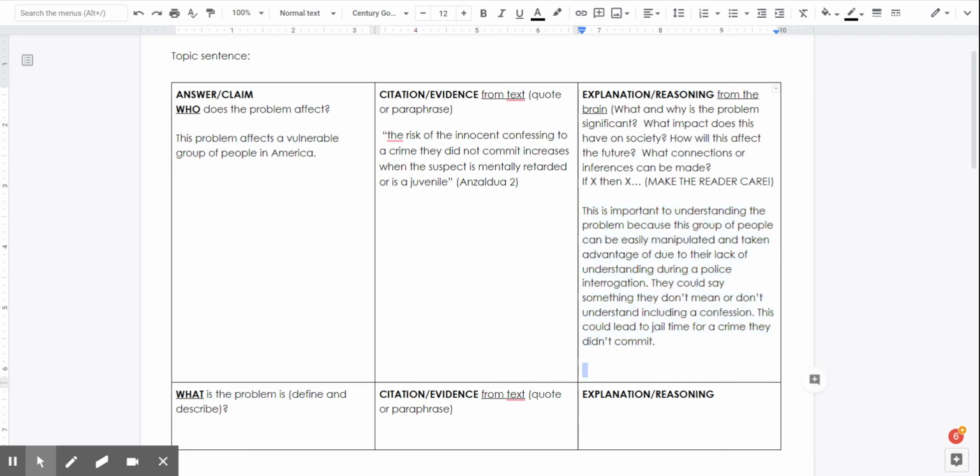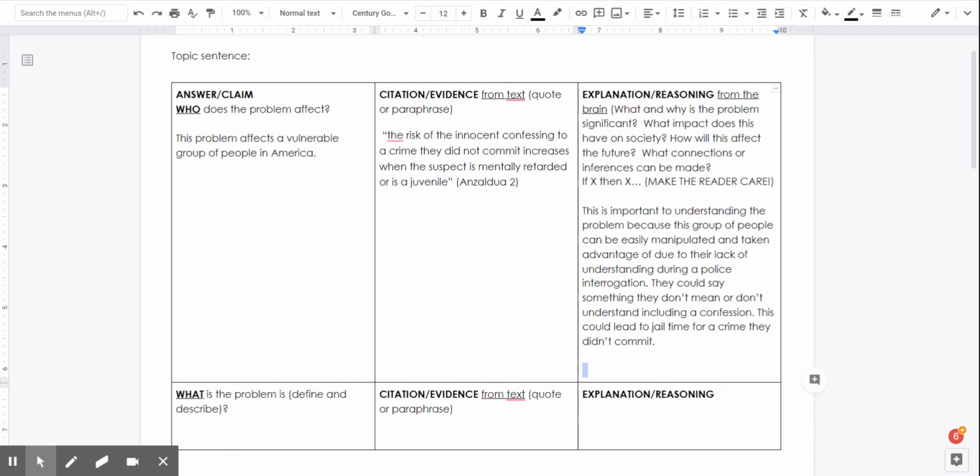Let's read some explanation or reasoning for this particular piece of evidence and claim. This is important to understanding the problem because this group of people can be easily manipulated and taken advantage of due to their lack of understanding during a police interrogation. They could say something that they don't mean or don't understand, including a confession.